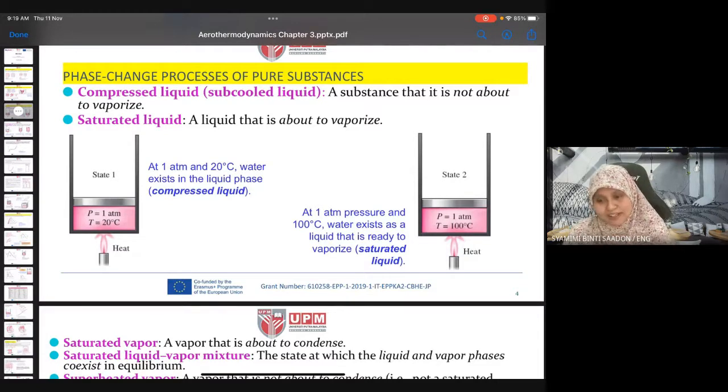Exactly at 100 degrees Celsius, this is very precise because this is the ideal case, we assume that the water is in the saturated liquid phase. Once it reaches maybe 101 or 102 degrees Celsius, then it is no longer in the saturated liquid phase. Maybe still, plus minus, but more than that is no more saturated liquid.